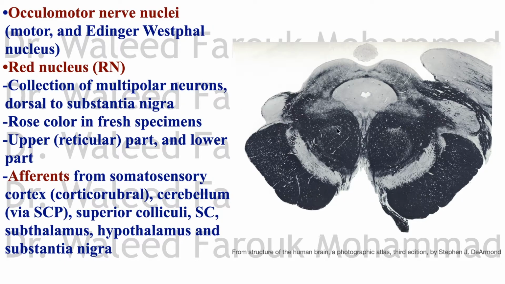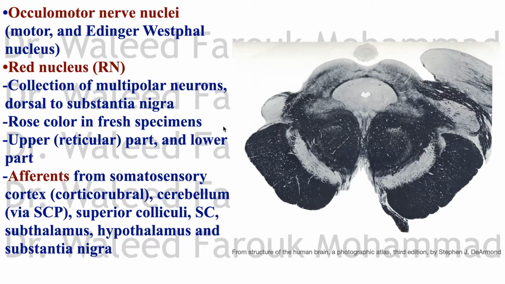The red nucleus is the one you see here. It's a collection of multipolar neurons, dorsal to the substantia nigra. It's present at the superior colliculus level. It's rose in color in fresh specimens.